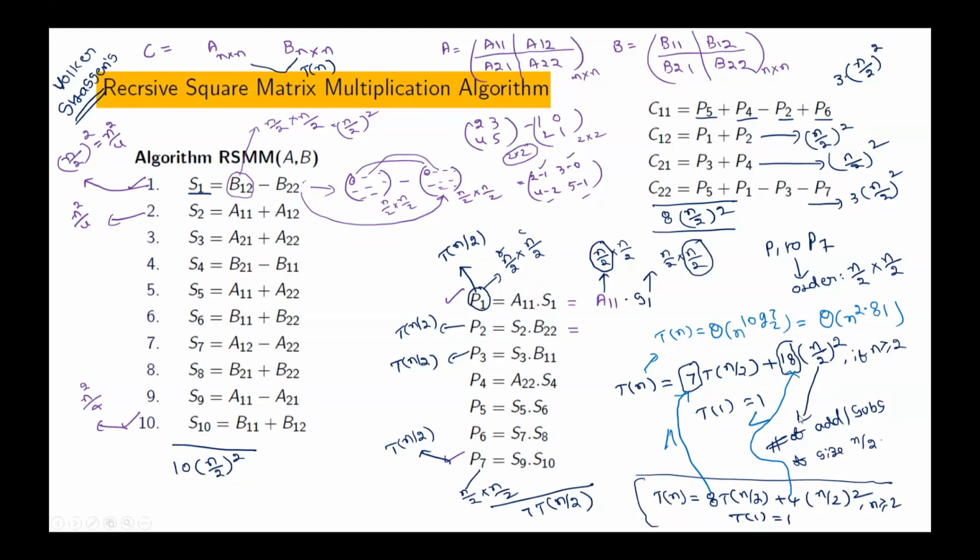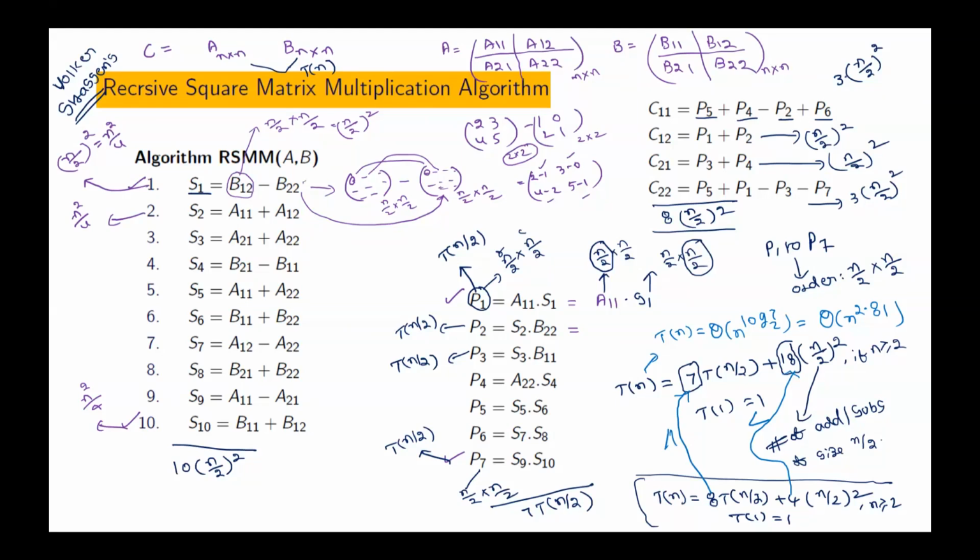Is it clear? Now, what is the question that comes to our mind? Whatever we discuss is for square matrices, where n is of the form 2 power k. If n is not of the form 2 power k, then what do we do? For example, a 3 by 3 matrix is given.